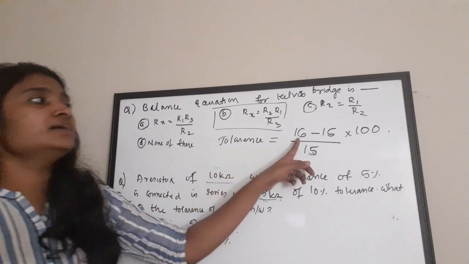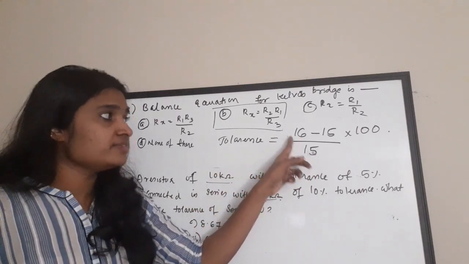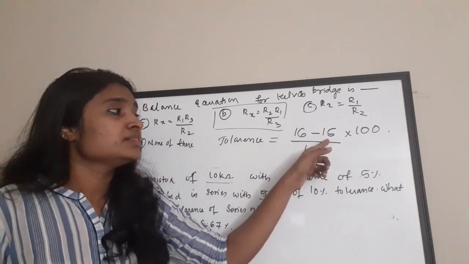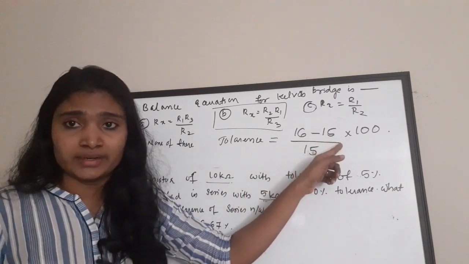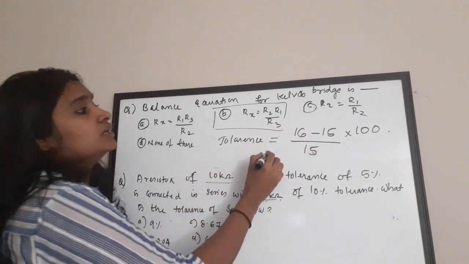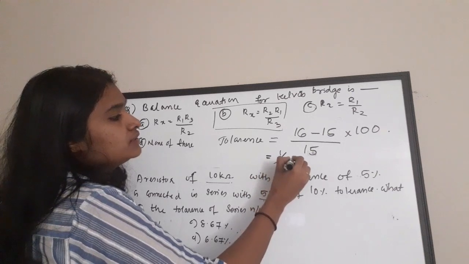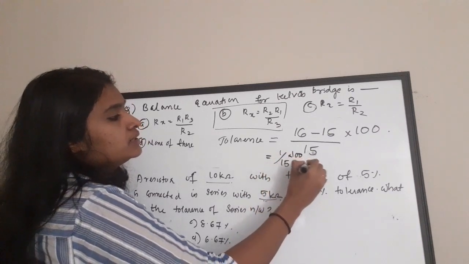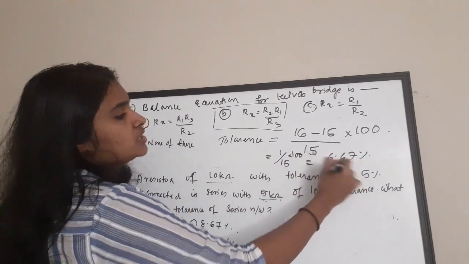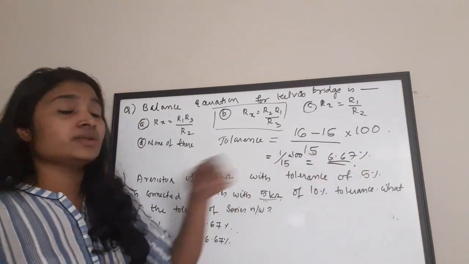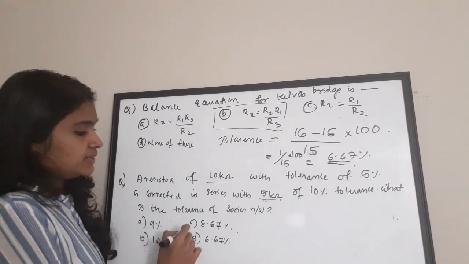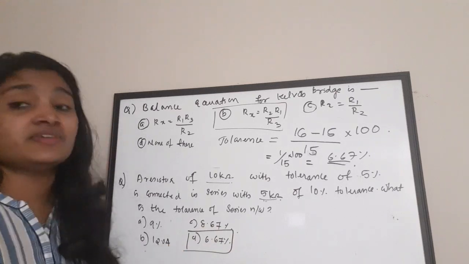Okay, that is, here we are subtracting the value of total resistance with tolerance minus the total resistance without tolerance to get the tolerance percentage. I hope it is clear. That is 1 by 15 into 100, right? So if you solve it, it will be 6.67 percentage is the value of the tolerance percentage. So the correct answer for this question is option D, which is 6.67 percentage.